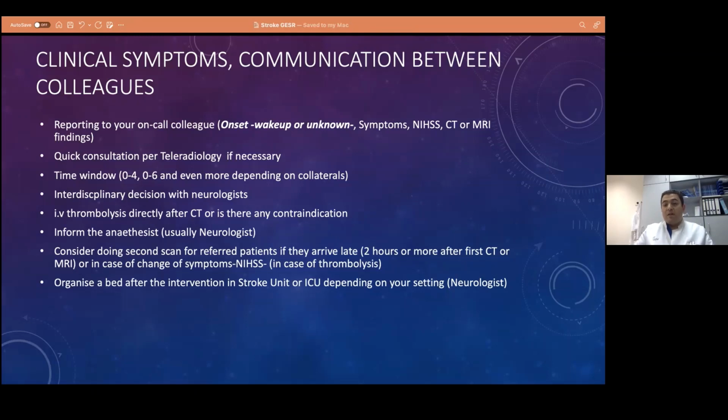If the patient undergoes thrombolysis at that time and he gets better, then you do a CT, maybe you have no thrombosis anymore, or the patient gets worse and you must do a CT to rule out an intracranial bleeding. Your colleague from the neurology will also organize a bed in the ICU or stroke unit. That's how you do it.